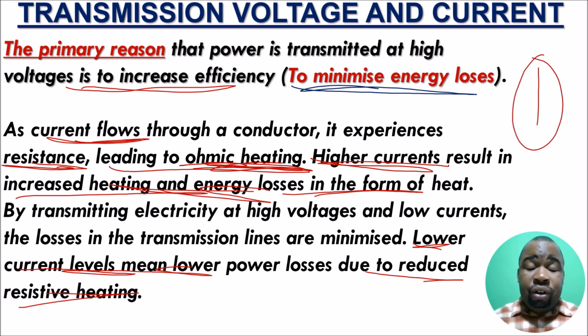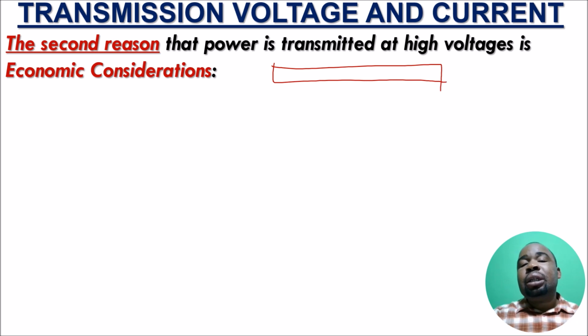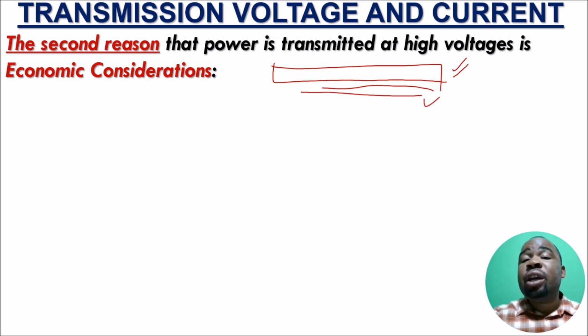Let's look at the second reason. The second reason is economical. Now, for us to transmit very high currents, we need thick cables. Remember, thick cables can carry more current than thin cables. Since we're transmitting very high currents, we need a thicker cable and not a thinner cable. There will be overheating on a thinner cable.